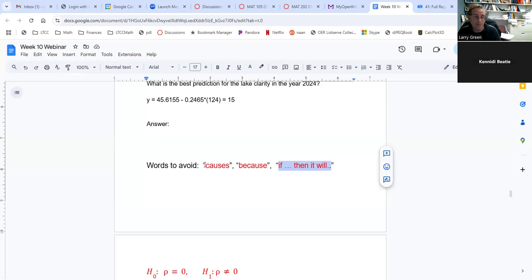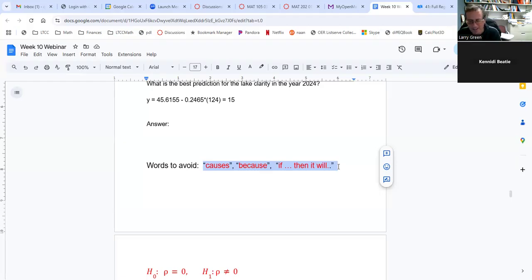If you use any of these words, you will lose points. That's a promise. Got it? So on the exam and on the discussion post, do not even think about using the word cause or because. And in statistics, you almost never can show causation.